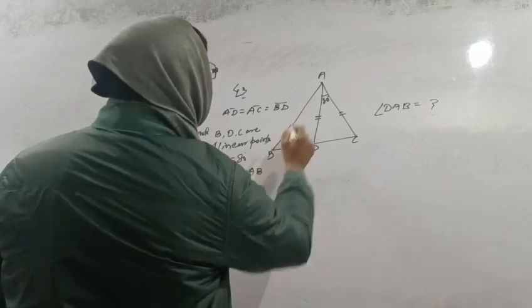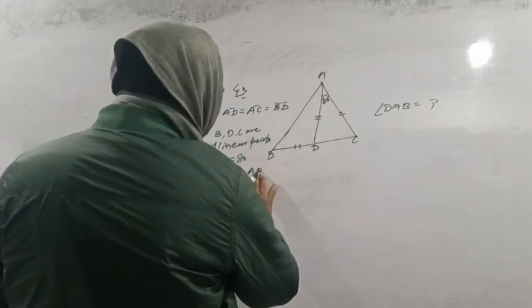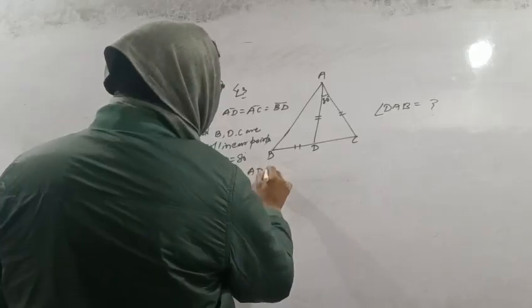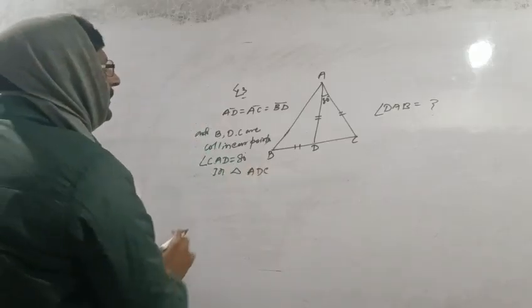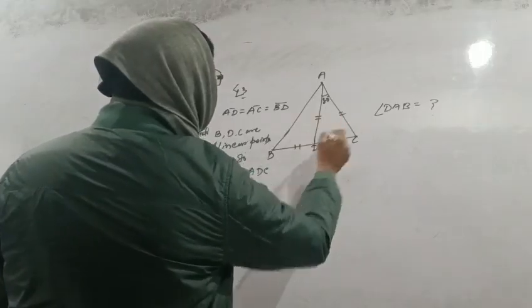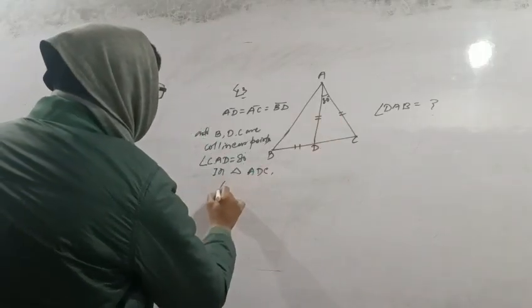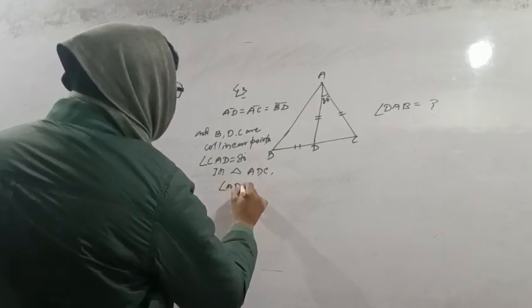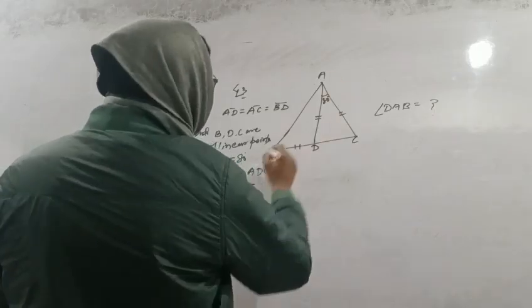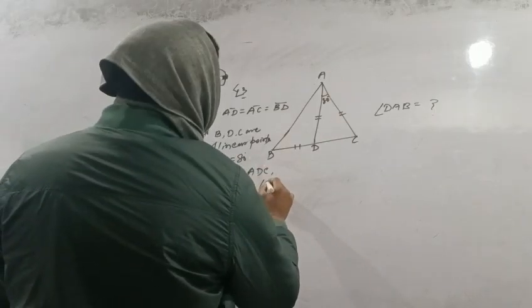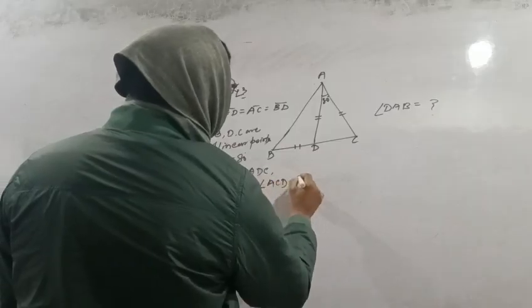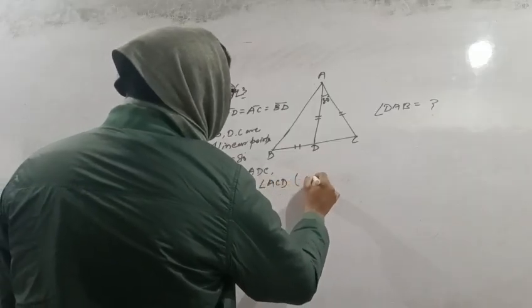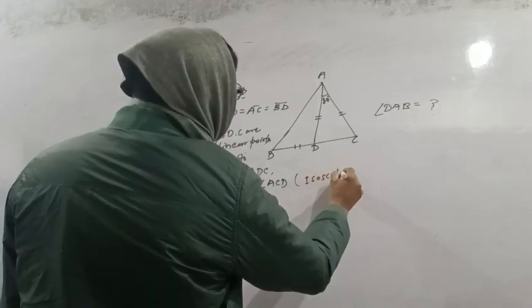angle ADC is equal to angle ACD, isosceles triangle.